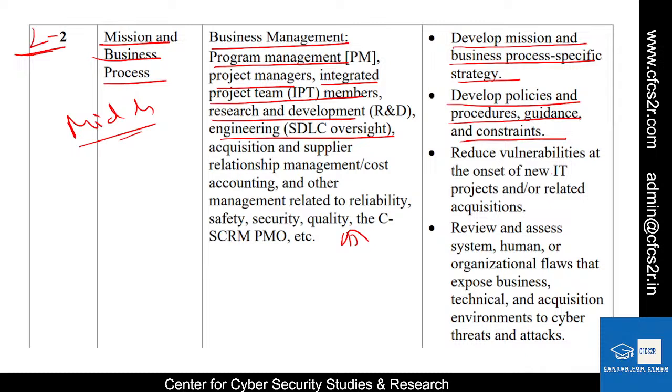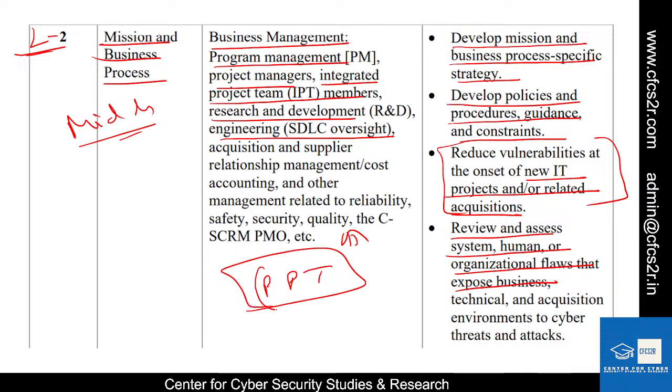So if something new is added into the system, these people should take care of it and focus on reducing the vulnerability. They review and assess system, human, and organization flows where exposure can happen. Again, this is talking about people, process, and technology: what flaws the people have, what flaws the process has, and what flaws the technology has. These things also have to be taken care of.